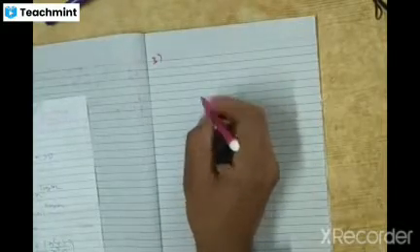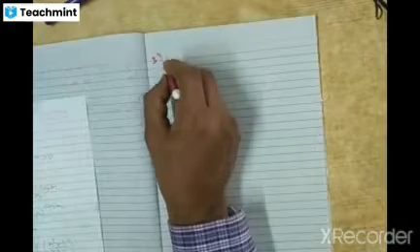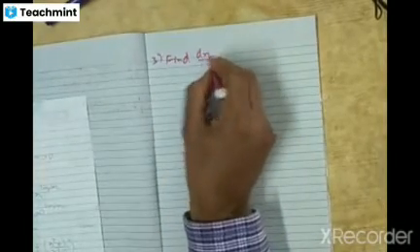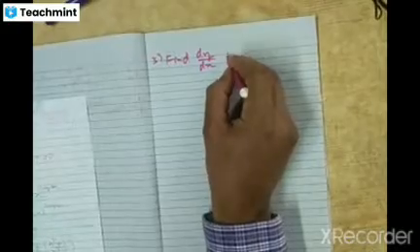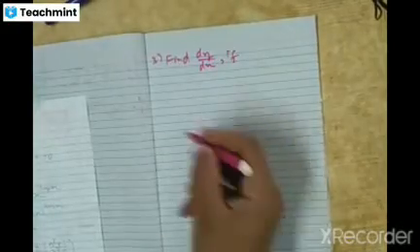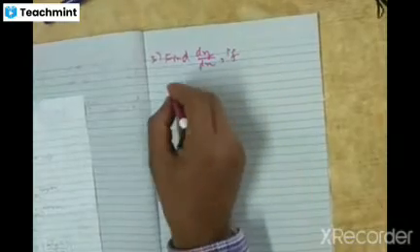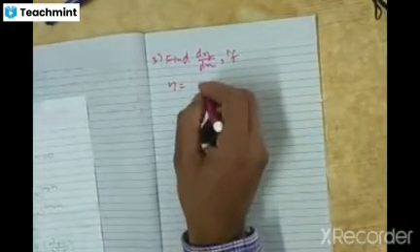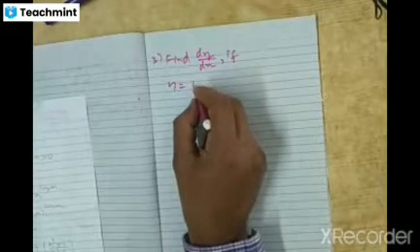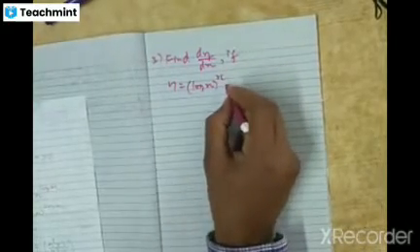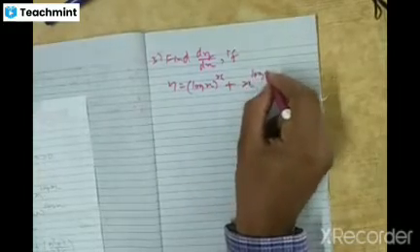Problem number 3. Third one. The given function is, find dy by dx if y is equal to log x whole per x plus x per log x.